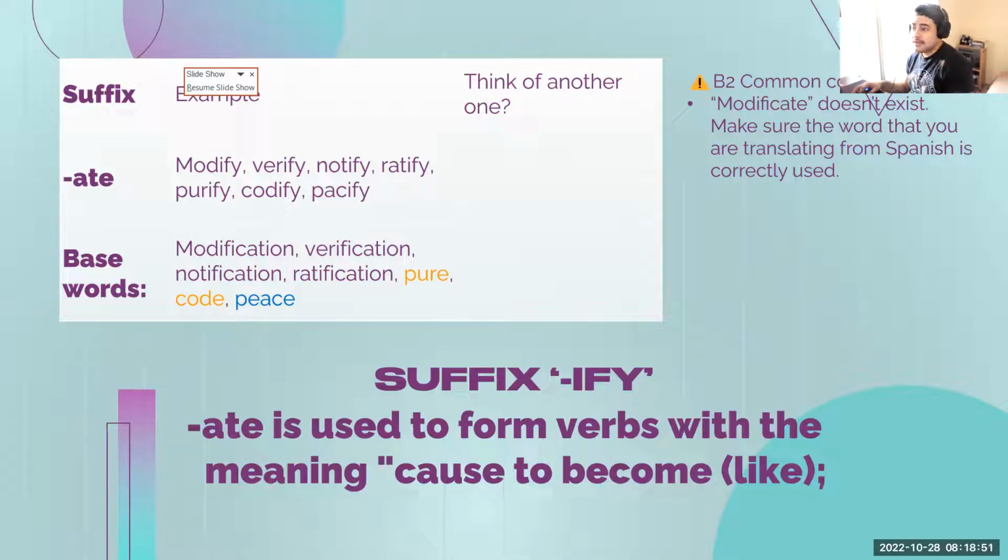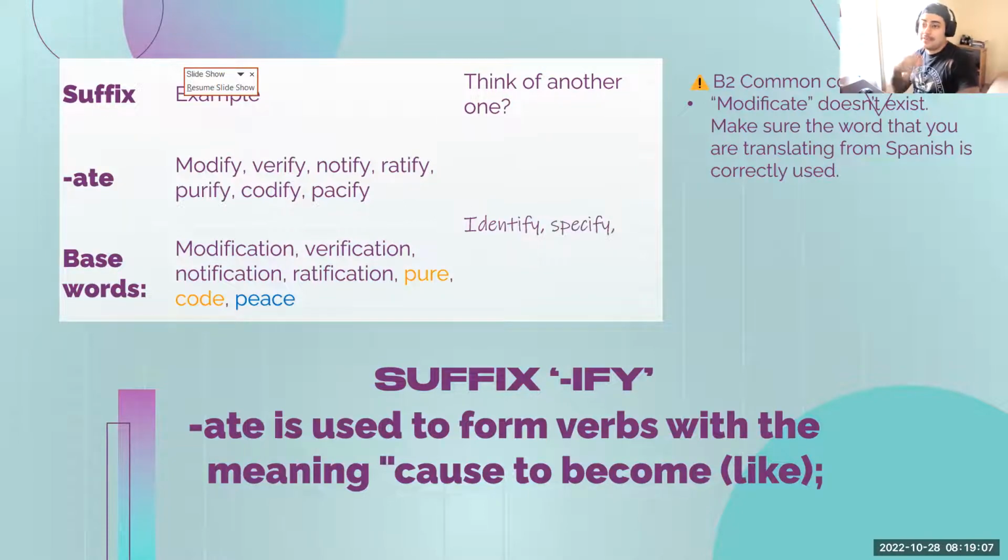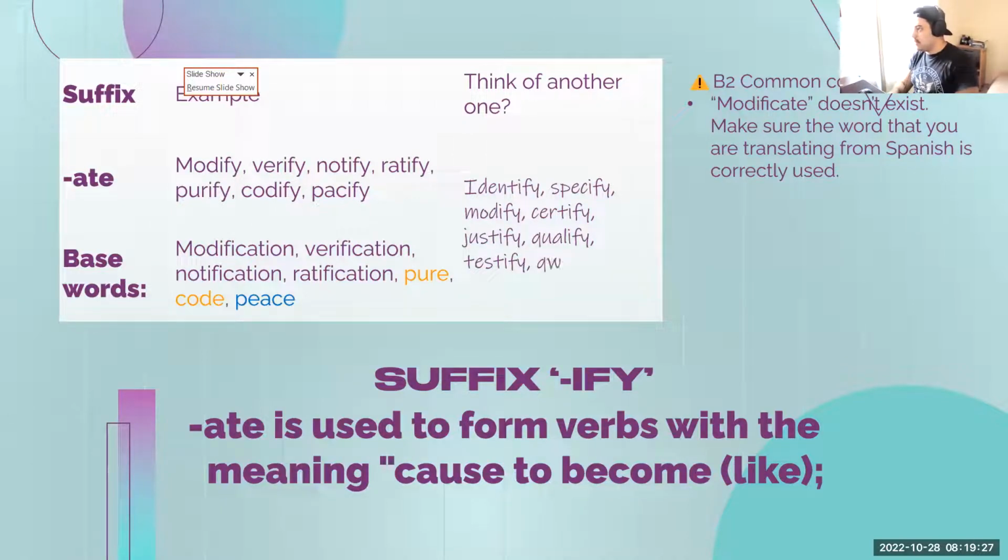From identity, we have identify. When you speak about a specific thing, you make a specification, you specify. When you make a modification, you modify. When you are certain about something, you certify, justify, qualify, testify, quantify.